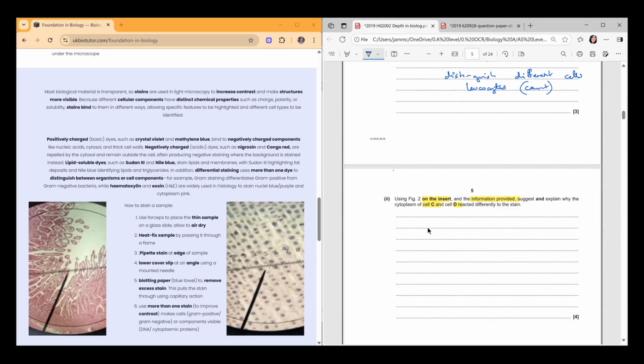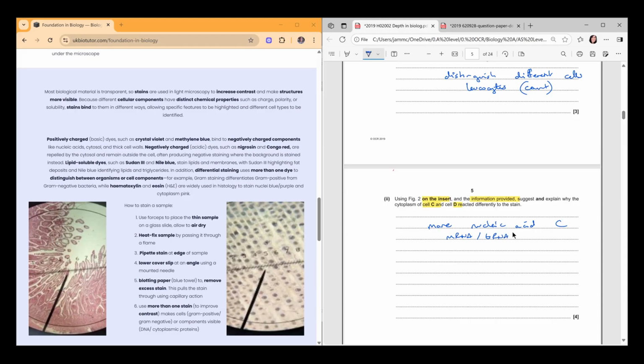So we therefore want to use the term that there is more of our nucleic acid in C because that is a dark color, that is a blue-purple color. And those nucleic acids, as I just said, we're talking about the likes of our mRNA. We're talking about potentially our tRNA.